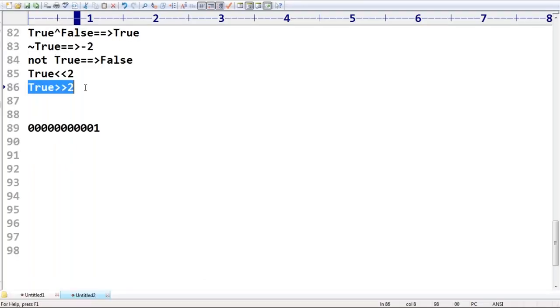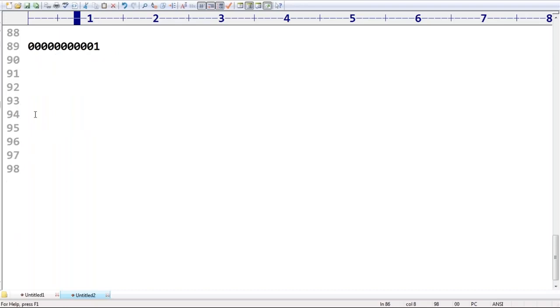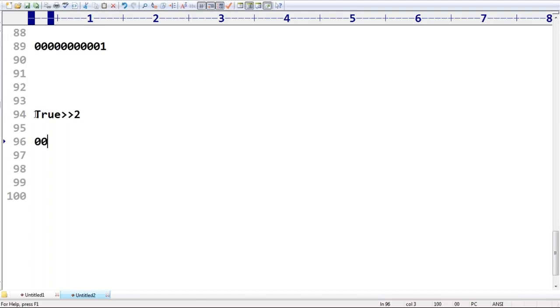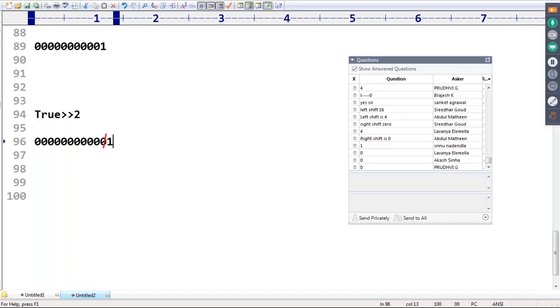Similarly, true right shift 2. True means 1, which is 0 0 0 0 1. Now I want to move towards the right-hand side. The last 2 bits will be gone. Now 2 vacant cells will be there.